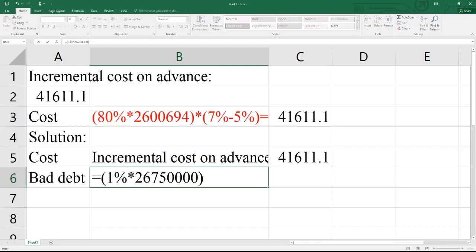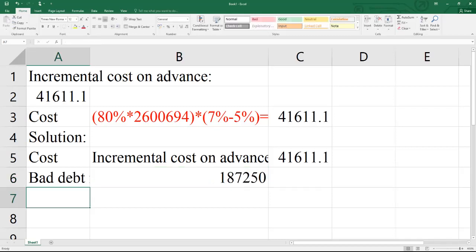Then you were told that the decrease will be 70%, therefore the saving will be equal to that times 70%. So you see, I'm going to do my working in one go. I don't have to do the current budget separately, like the paper way, which used to be the old way of doing the question. But now, since it is Excel, you just do it in one go, and that is it.